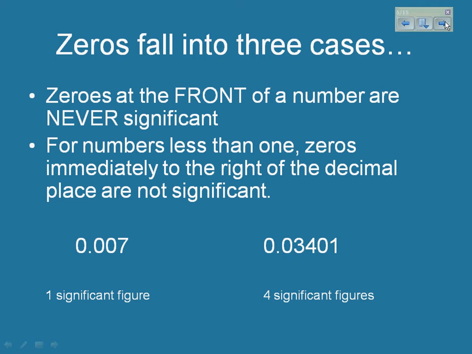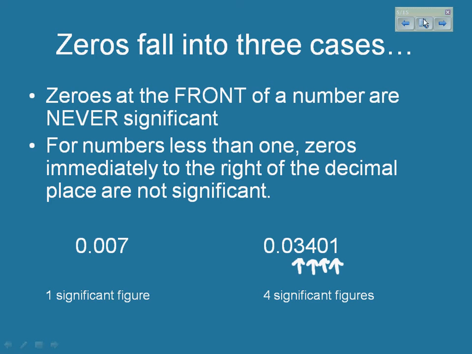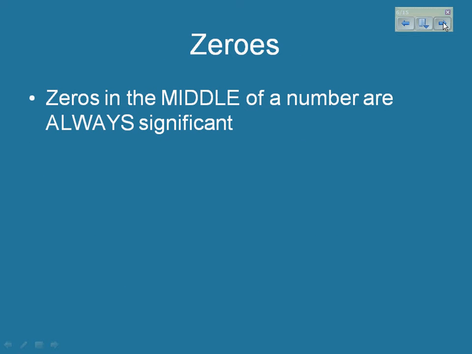In our other number, 0.03401, the first significant digit is your 3. I'm going to draw an arrow. Your 4 counts, you keep counting till the end of the number. So that has 4 Sig Figs. Zeros in the middle of a number are always significant. 23.04.